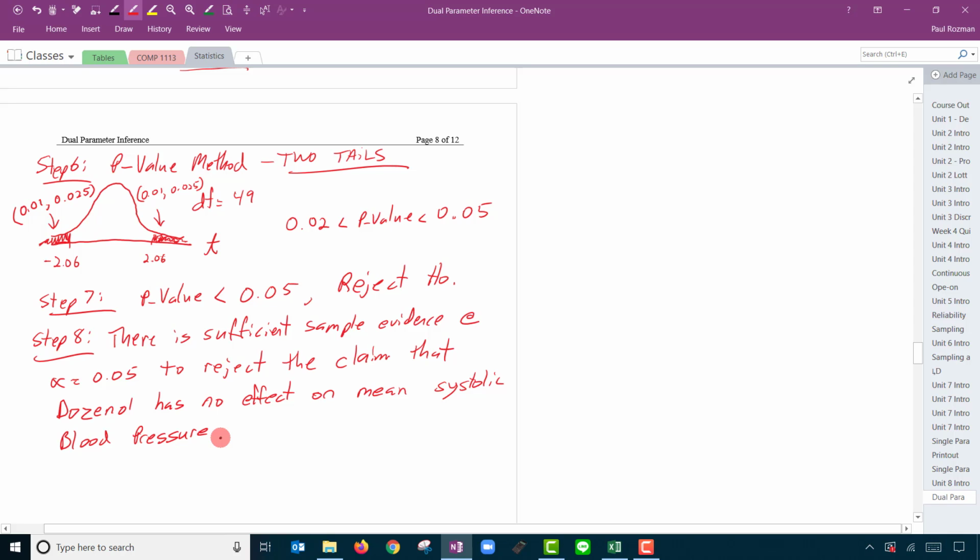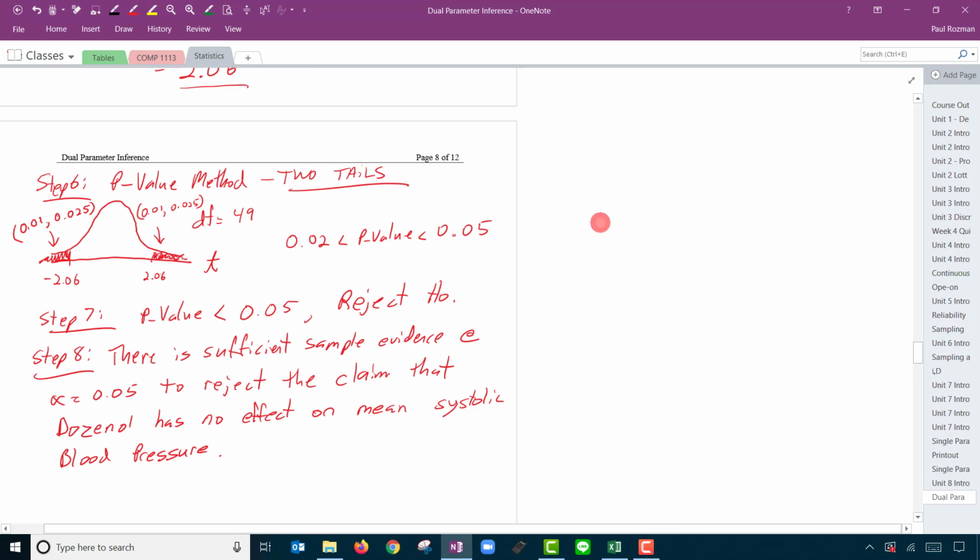This is a terrible hypothesis test. I hate this test. The reason I hate it is that our p-value was kind of in the gray area. Our p-value is smaller than alpha, so we rejected the null hypothesis. But what if we changed alpha?